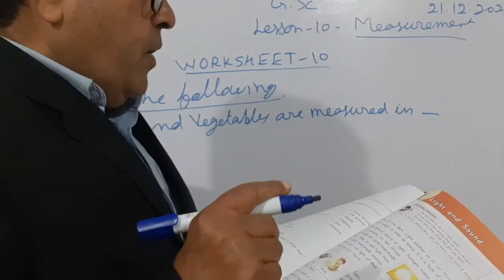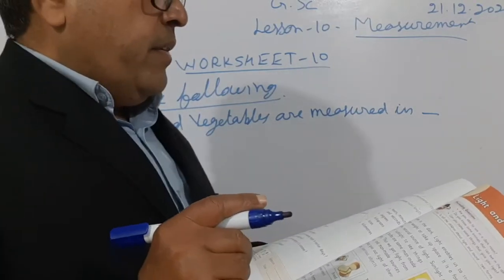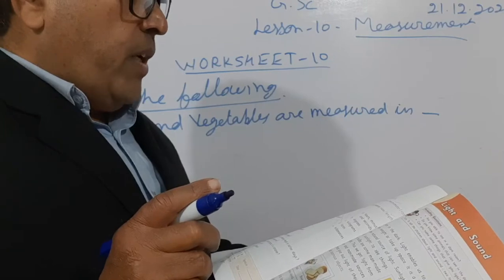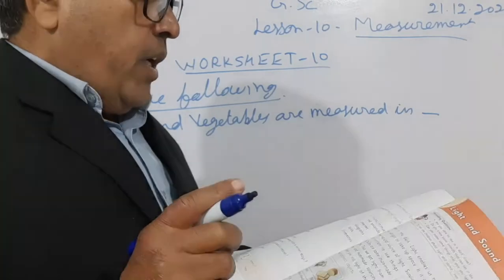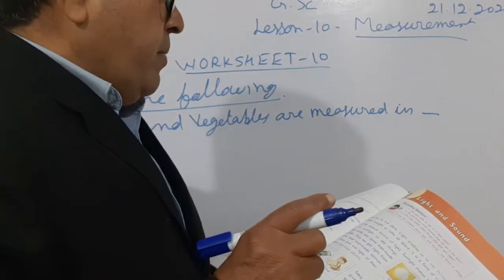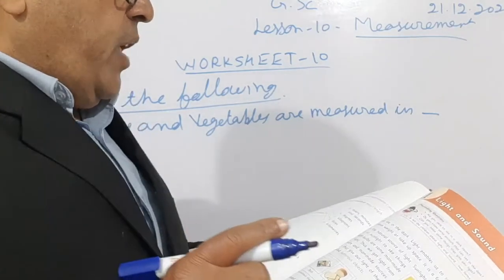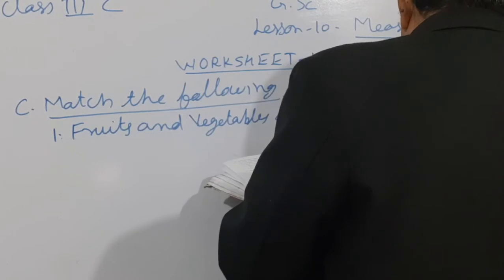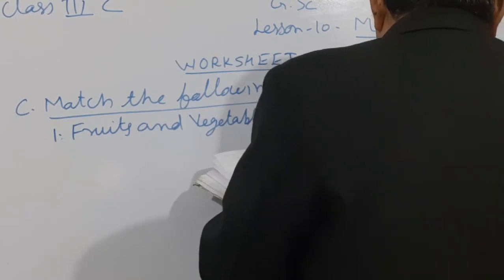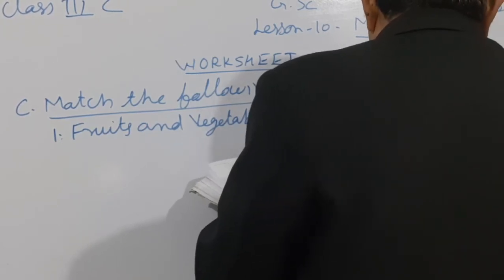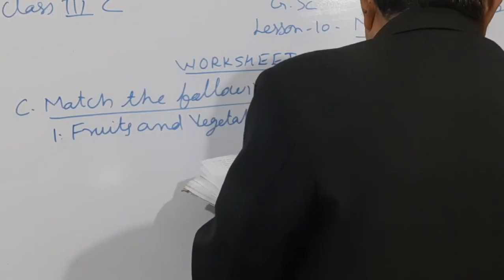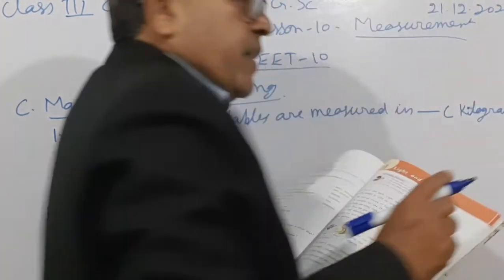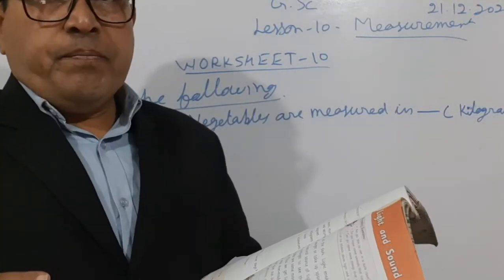In front of hour, minutes and second, B degree, C kilogram, D liter, and E kilometer. So here which will be correct? Kilograms. So here C, kilograms will be the correct option. So in front of first, you have to write the C, that is the kilogram.